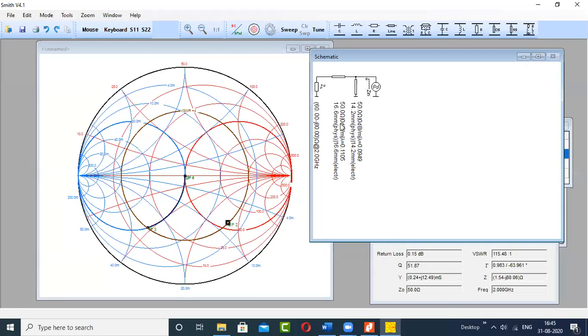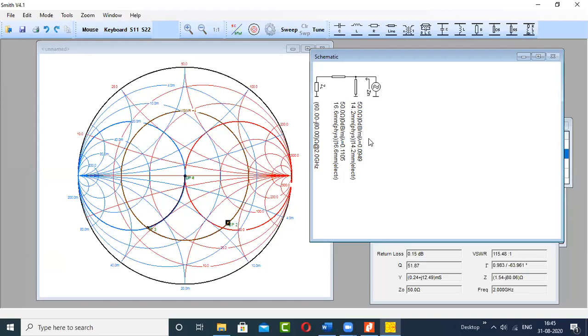So load and a line of 0.11 meter. Now this is the stub, a short circuited stub. You can see that it is shorted: the ground symbol, you can see it's just a horizontal line. So this is a short circuited stub and its length is approximately 0.1 lambda.